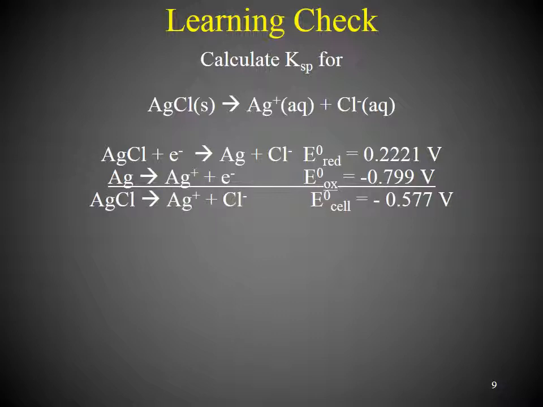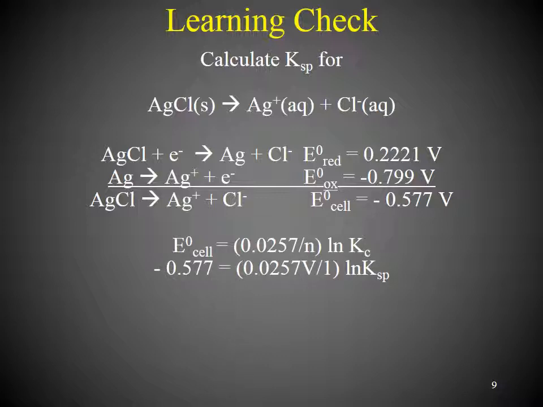And here is the voltage for the cell. And now we could proceed to plug this into the equation that relates the cell voltage to the equilibrium constant. And here is our answer.